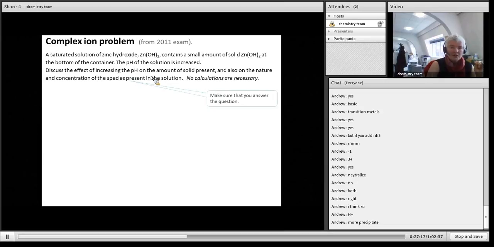Because remember, there are three things you've always got to think of when you get questions like this: common ion, complex ion, and pH. In this case, the common ion and the pH are sort of the same thing because it's a hydroxide. So you are correct, I will initially get more precipitate. Why?